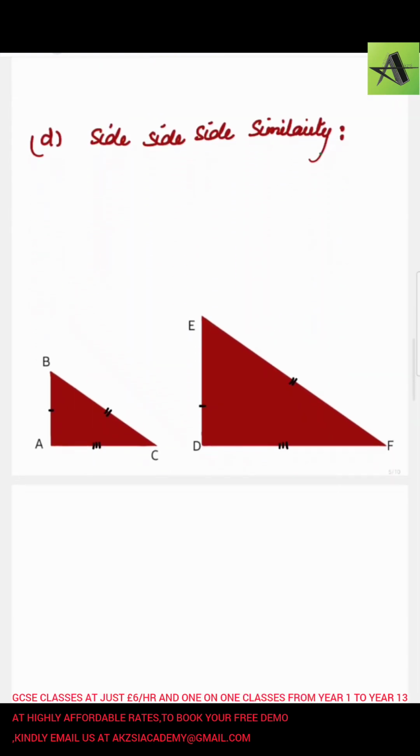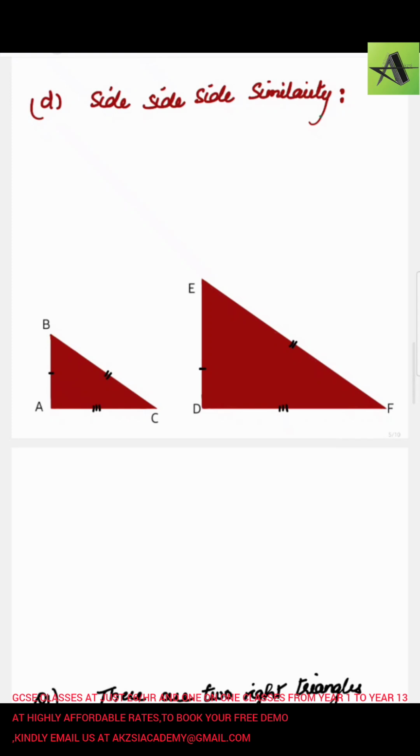Moving on to the next, that is side similarity. We have kept angles out of this picture and now it's only about the sides. If all the three corresponding sides bear the same constant ratio, then we can prove by side that these two triangles are similar in nature. They don't have to be equal. Keep that in mind.